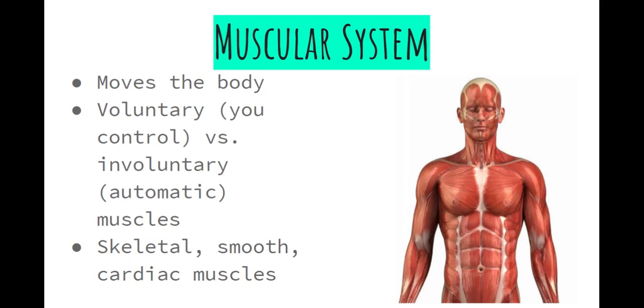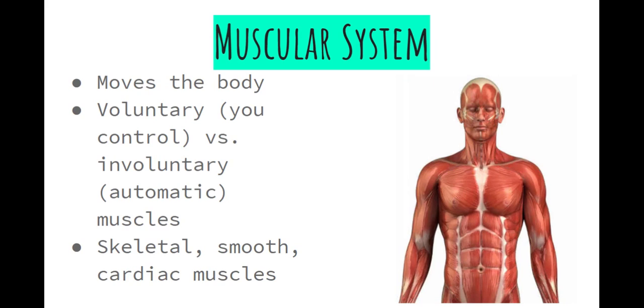So the next one, write this down, muscular system. It moves the body. So you have two different types of muscles. You have voluntary muscles and you have involuntary muscles. So voluntary muscles, you control them. Like if you want to kick a soccer ball, you choose to kick that ball. And you have involuntary muscles, which are automatic.